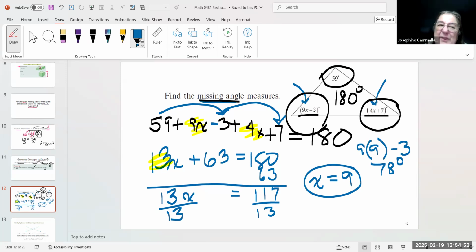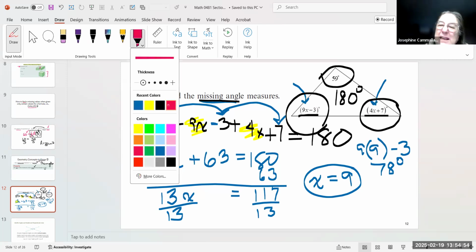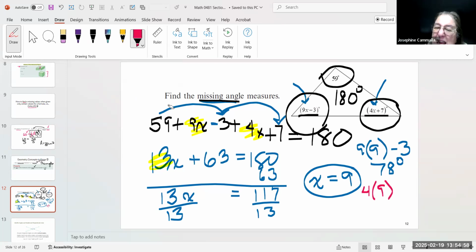Right here, I'm going to put in my 9. 4 times 9 plus 7, 36 plus 7 is going to give me 43 degrees.